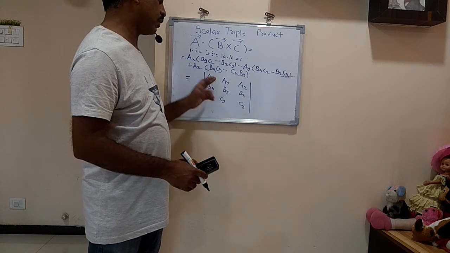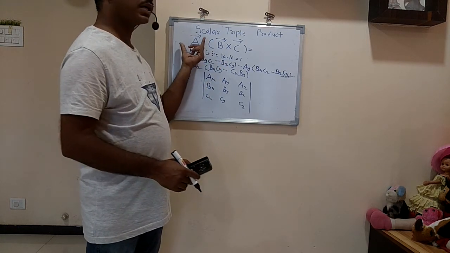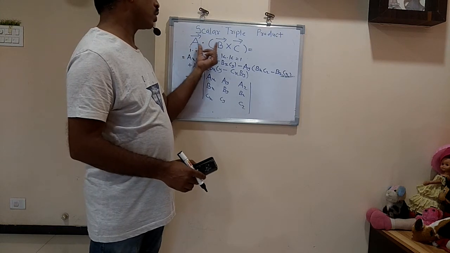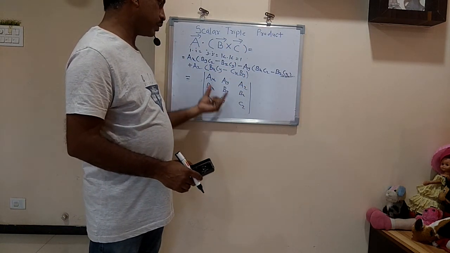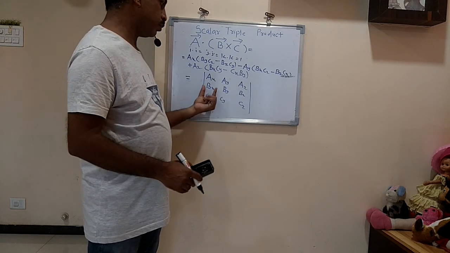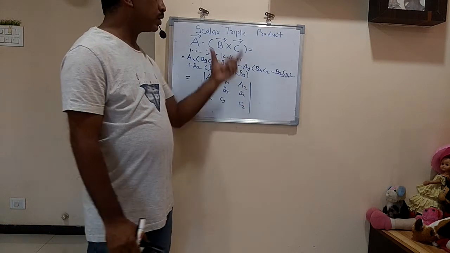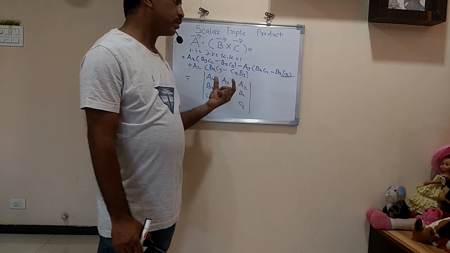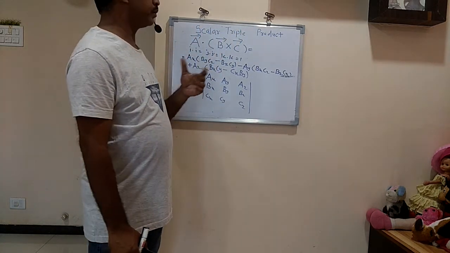So we say that the scalar triple product A dot B cross C is equal to the determinant ax ay az, bx by bz, cx cy cz. This is the simple form of the scalar triple product.